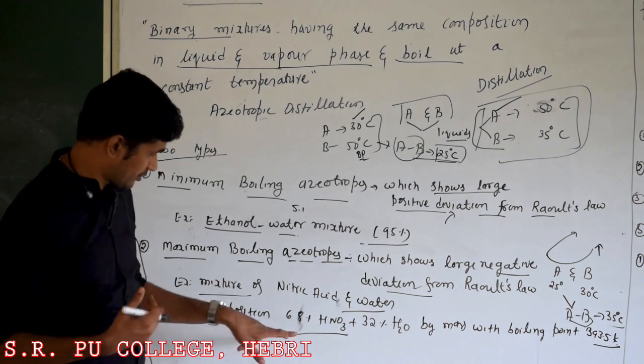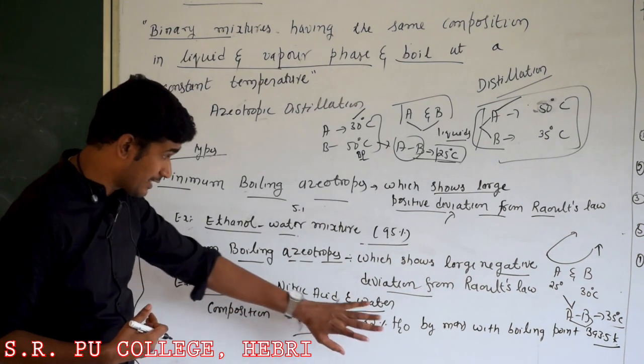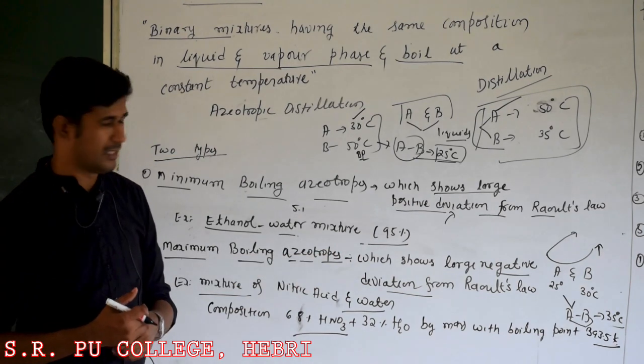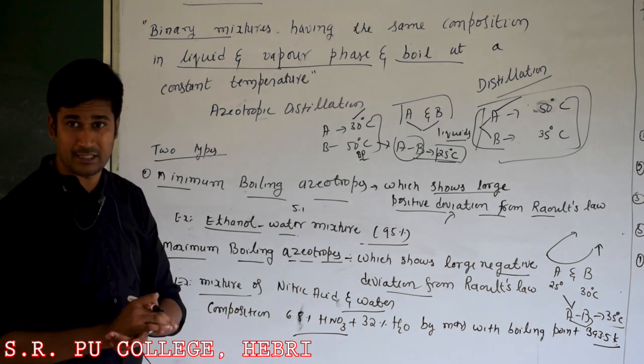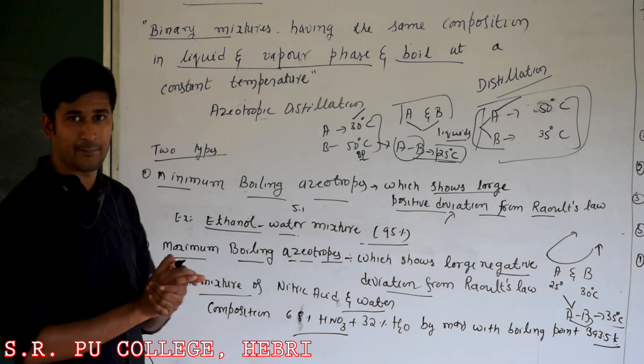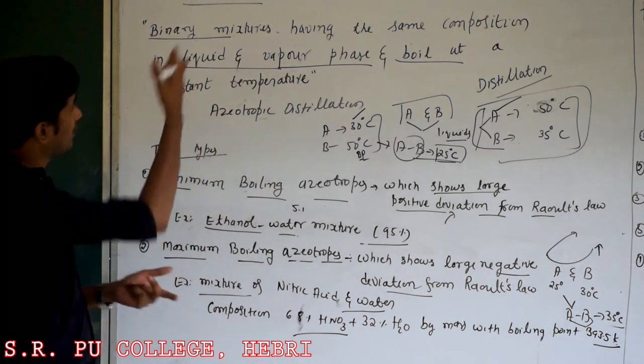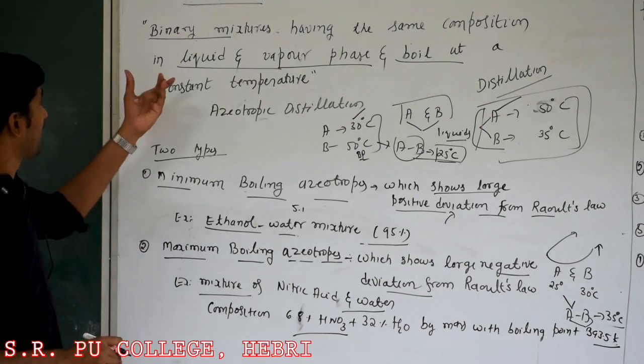So both 68% HNO3 and H2O boil at 393.5 Kelvin. Is it possible to separate these two components now when there is no difference in boiling point? It is not possible. That's the main reason for getting azeotropic mixtures.